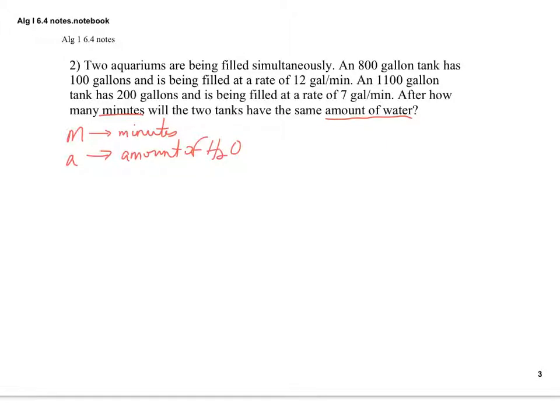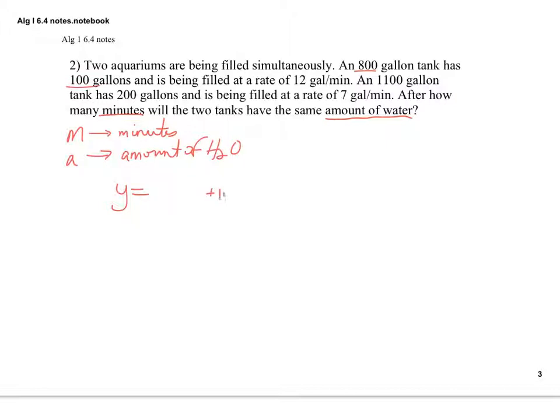Okay, so I need to write a system of equations that represents this situation. This is basically the slope-intercept form of the equation of a line for both of these. My 100 gallons is going to be my starting point, so that's like my y-intercept.